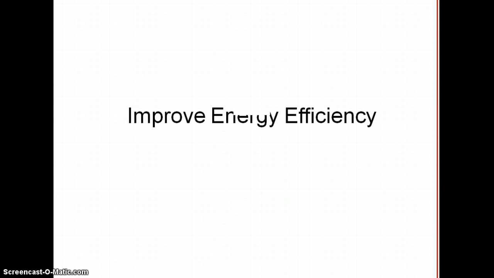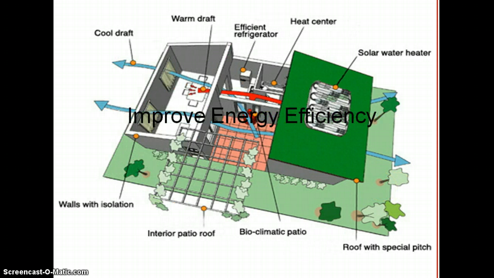And you want to improve efficiency, what I just mentioned. So you want to conserve and improve efficiency. That's a diagram of a home that's going green, and it's showing you different ways. And always the water heater is going to be a critical component because it's the most energy-consuming appliance in your home.